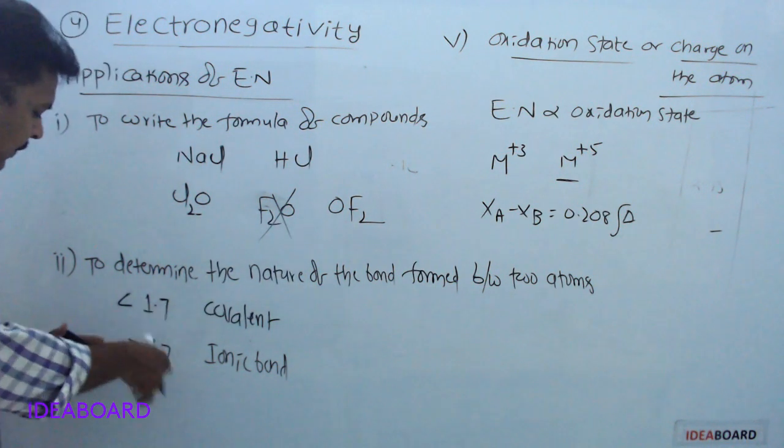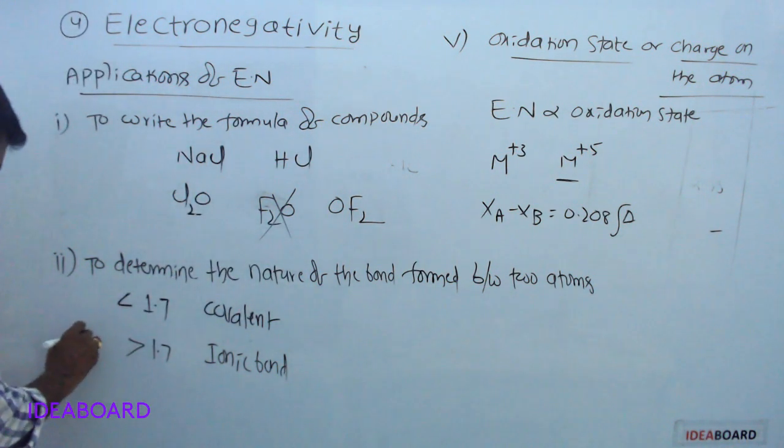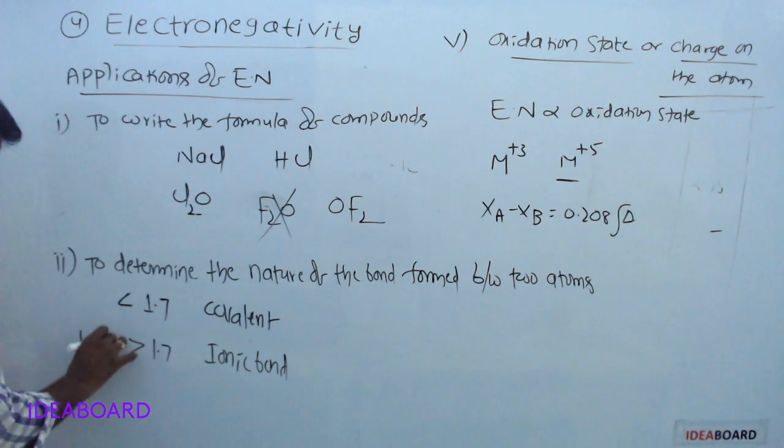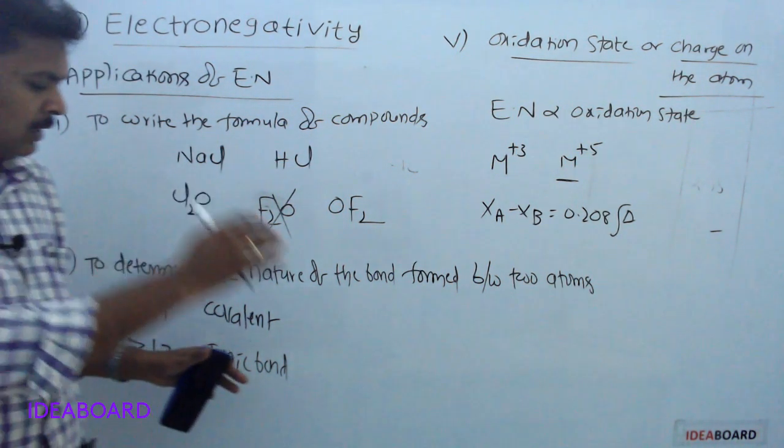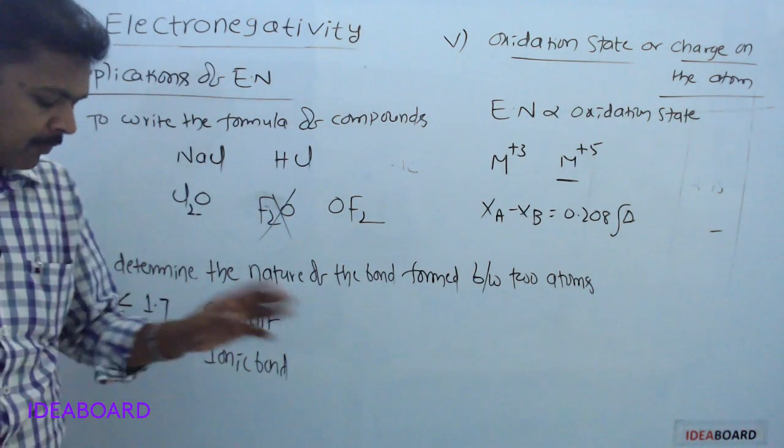If it is 1.7 or greater than 1.7, then transfer of electrons takes place, and an ionic bond will be formed.